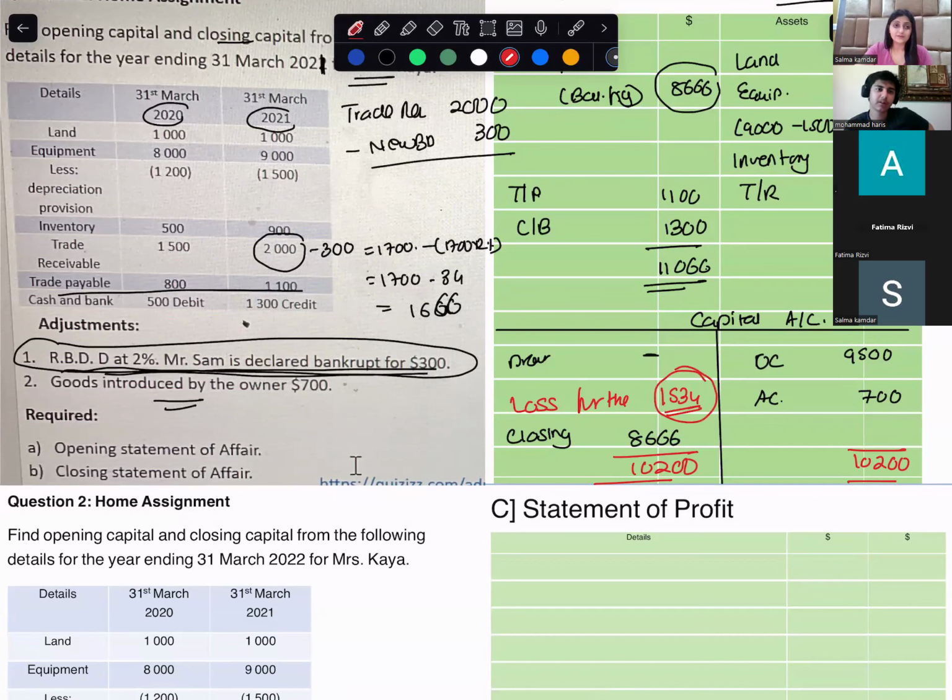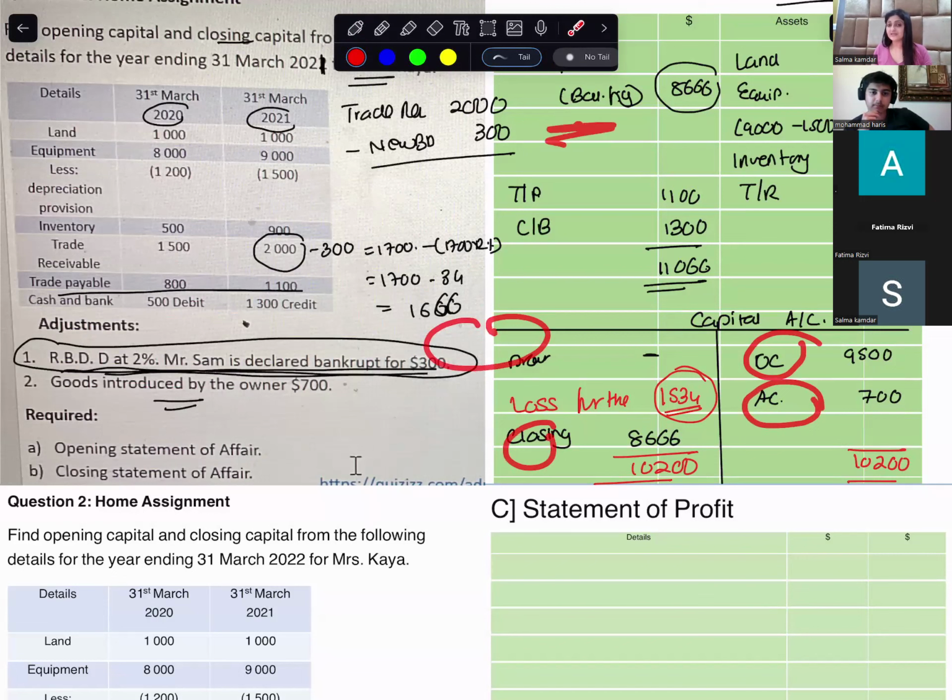Miss, why don't we put the 700 as additional capital in the statement of affairs? With the help of your capital account, if you're going to find your profit, you have the structure: opening capital, closing capital, additional capital, drawings, profit, loss, interest on capital. You have your fixed places. So why mess up over here?